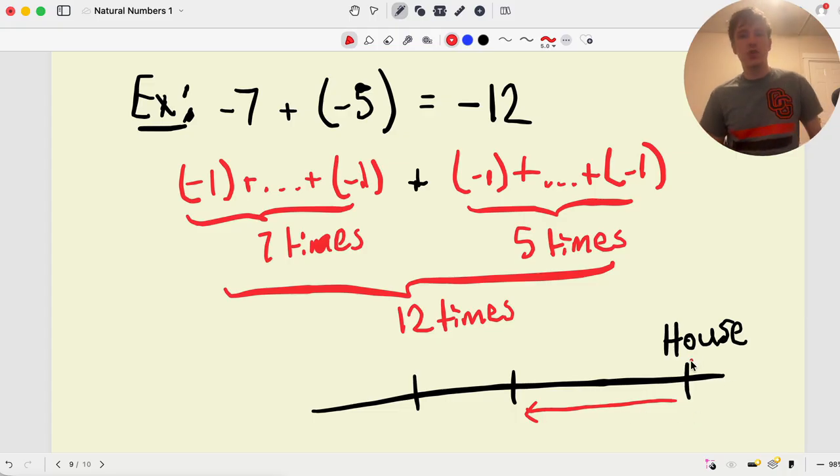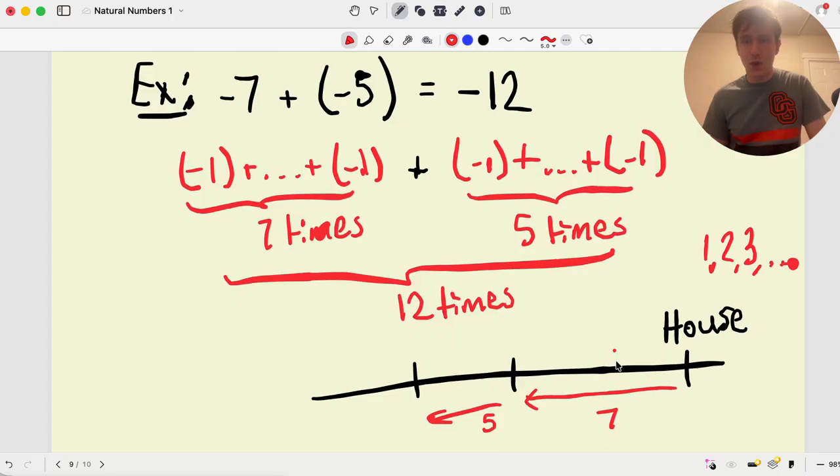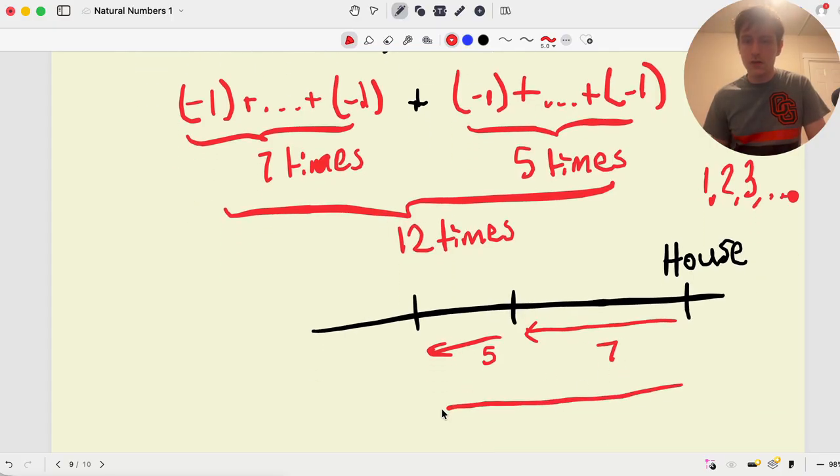You should first establish what the positive direction is. If I'm increasing, maybe I'm going to the right. I think it's pretty natural, since the natural numbers start from 1 and we usually read left to right, that this is perceived as positive. So if we're going the other direction, to the left, then we might be taking 7 steps to the left. And then we took another 5 steps to the left. All in all, we just took 12 steps to the left.